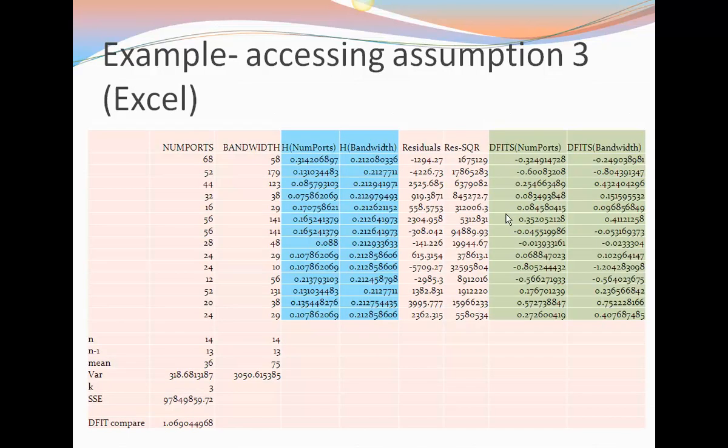Here are the steps to get the DFITS in SPSS. The blue are the leverage statistics and the green are the DFIT statistics. So several steps, but you have the equation. It is definitely possible to do that in Excel, and you do have the equations for that.